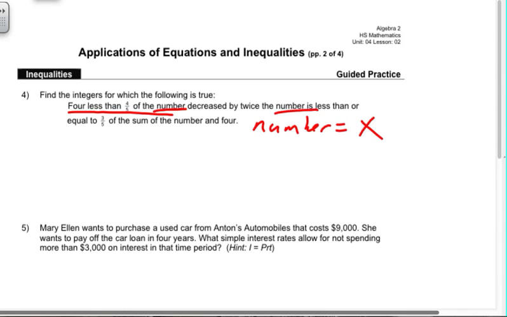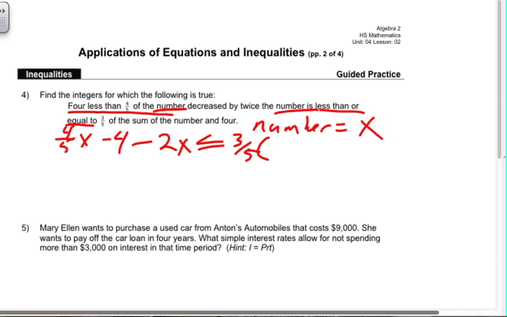So 4 less than, that's a minus 4. 4/5 of the number, which is 4/5 times x, decreased by, which means minus, twice the number, which is 2x, is less than or equal to, so less than or equal to 3/5 of, so I'm going to have 3/5 of the sum of the number, x plus 4.